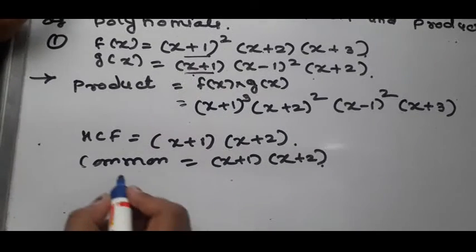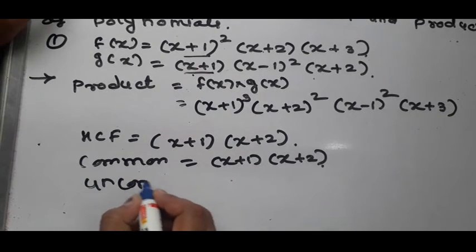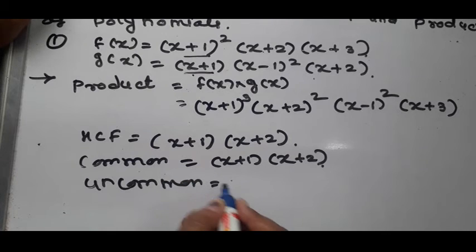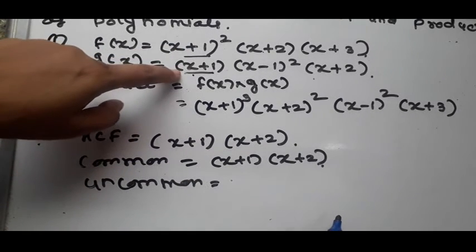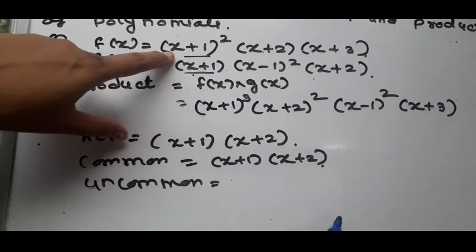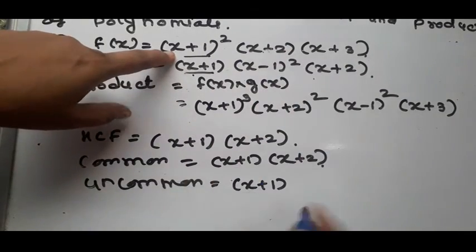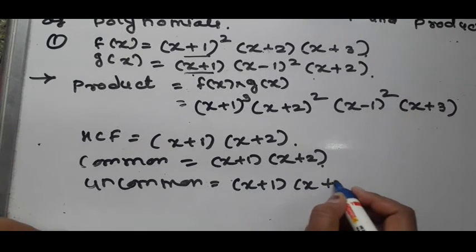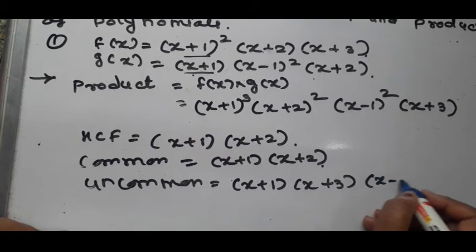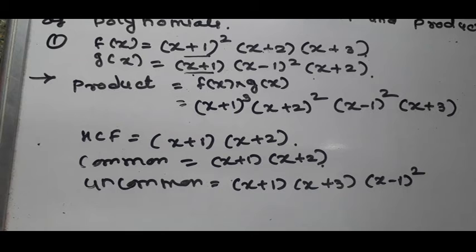Now we will write the uncommon terms. One x plus 1 was common, one x plus 1 is remaining. x plus 2 is common. x plus 3 is there. And x minus 1 is also there, which is not common. Okay. Now common multiplied by uncommon will give you the LCM.